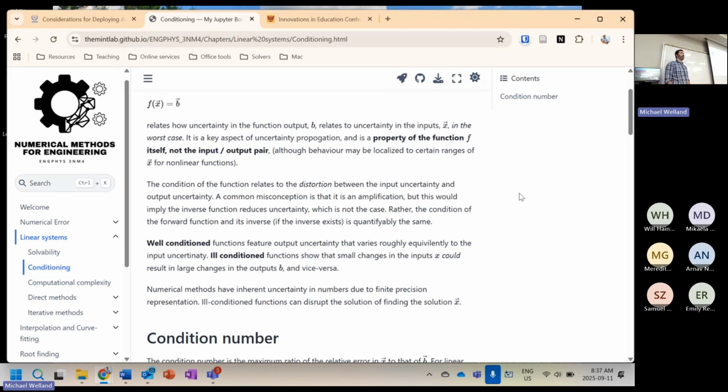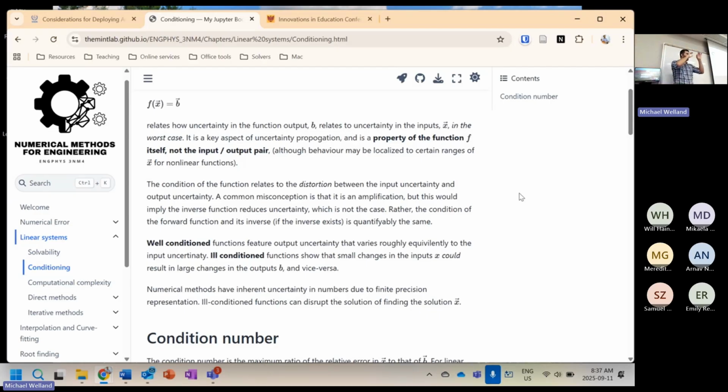Right? Commonly, what you're tempted to think is, okay, you have a little bit of uncertainty in your input, and that gets magnified. Now a little bit of uncertainty in the input becomes a large amount of uncertainty in the output. This is the intuitive way to think about it, right? This is definitely the way that I started thinking about this. That's wrong. Okay? Don't think about it that way, because that implies the reverse.